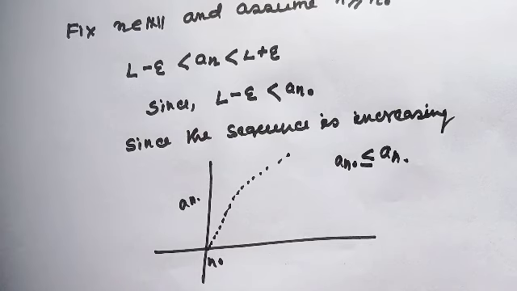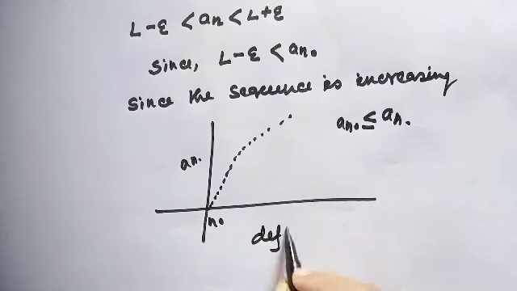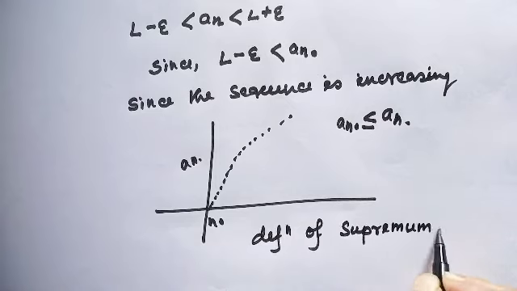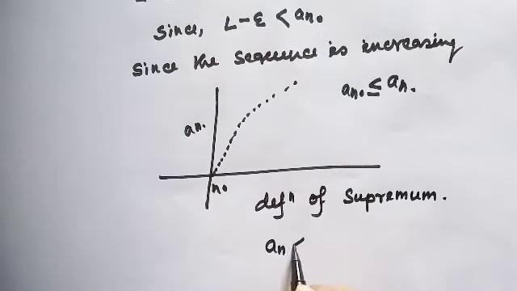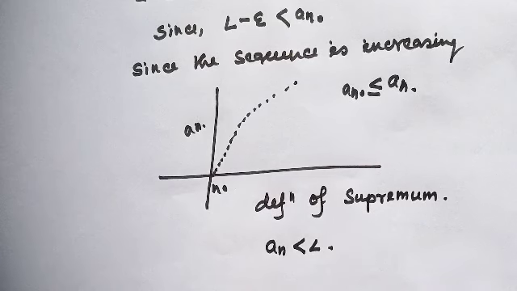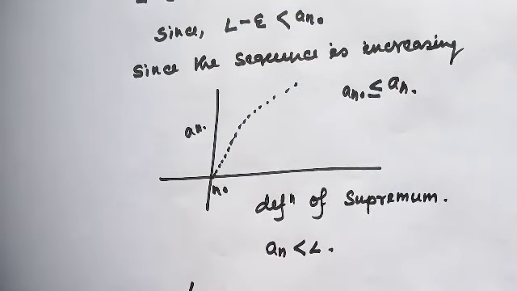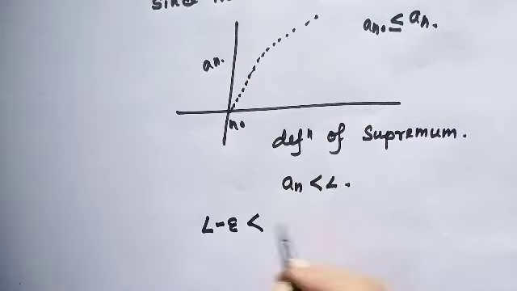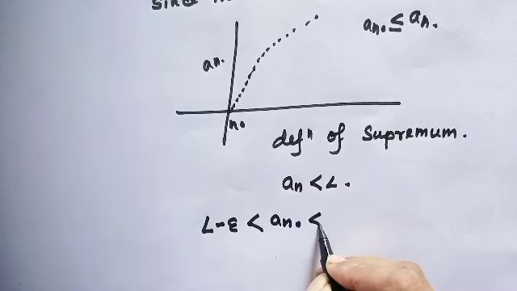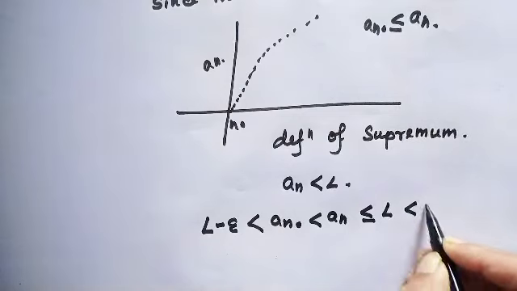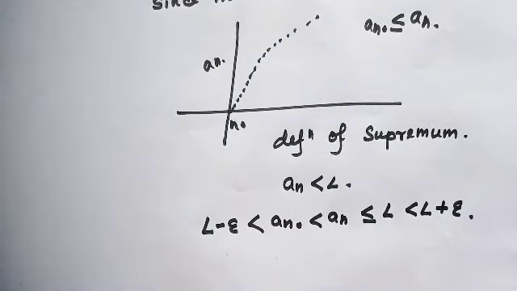Okay, and by the definition of supremum, a_n is less than or equal to L, and I put this inequality: L minus epsilon strictly less than a_{n naught}, less than or equal to a_n, less than or equal to L, strictly less than L plus epsilon.